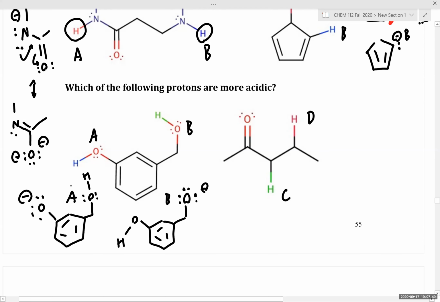The anion generated from A or B? Which of these anions is more stable? What does everyone think?